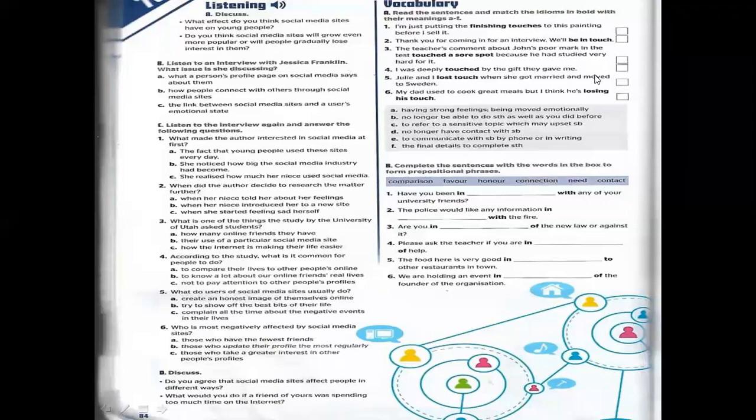Okay, try to read the sentences carefully to match them with their meanings. Let's start with the first sentence. I'm just putting the finishing touches to this painting before I sell it. Finishing touches, we say, means the things that we do to complete a work.